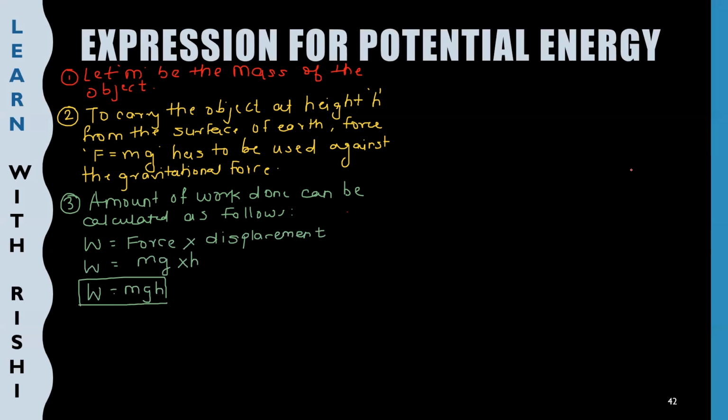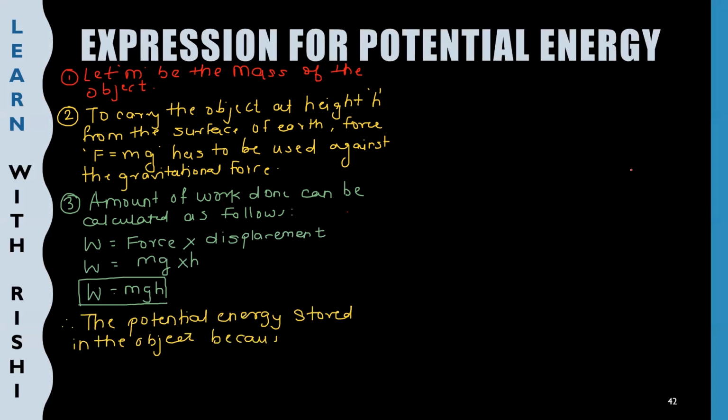So we can write, therefore, the potential energy stored in the object because of its displacement is potential energy equal to work done, that is equal to mgh.